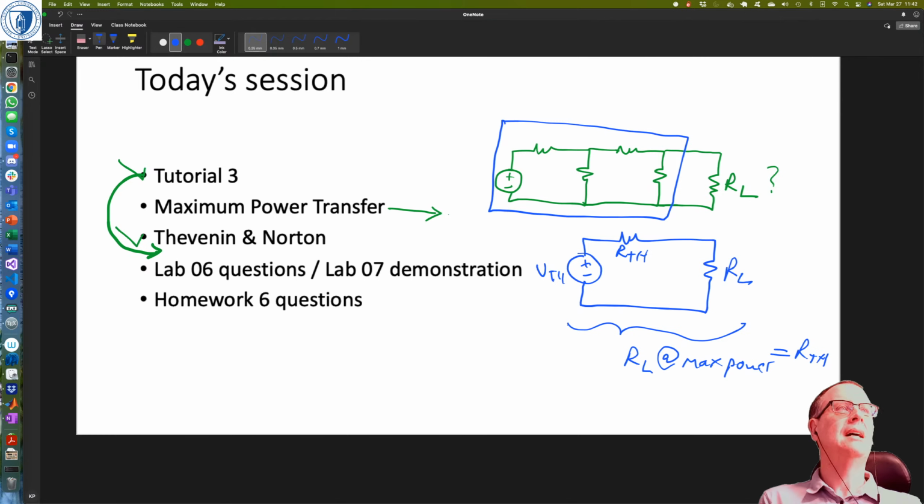If I can convert my circuit into a Thevenin equivalent circuit, then I know what the impedance match has to be. I'm not going to go through the derivation of the maximum power again. I went through that once. If you want to have a look at the video again, it's there.